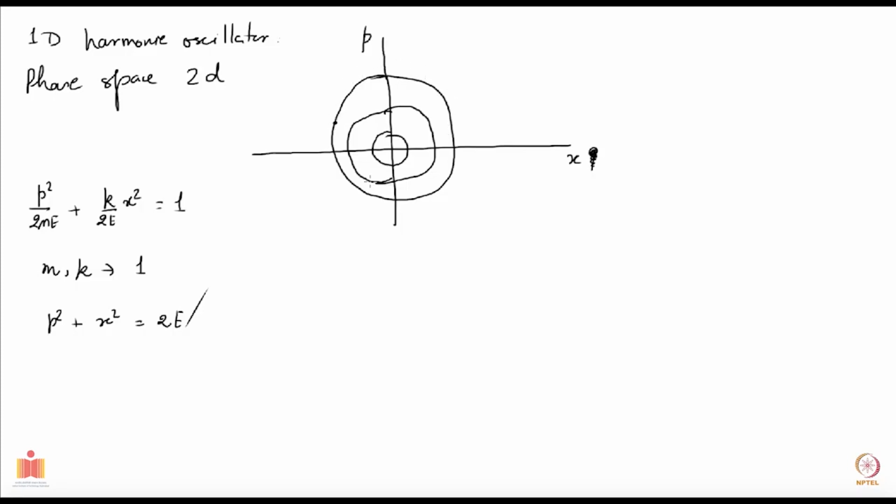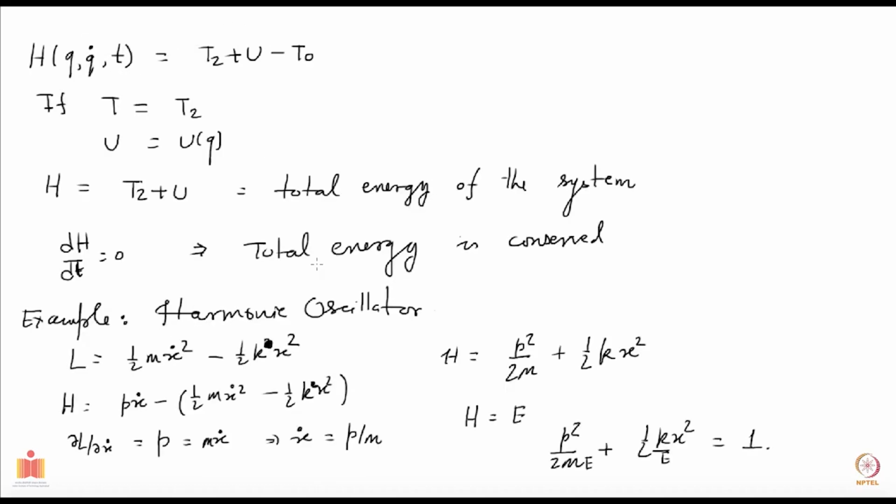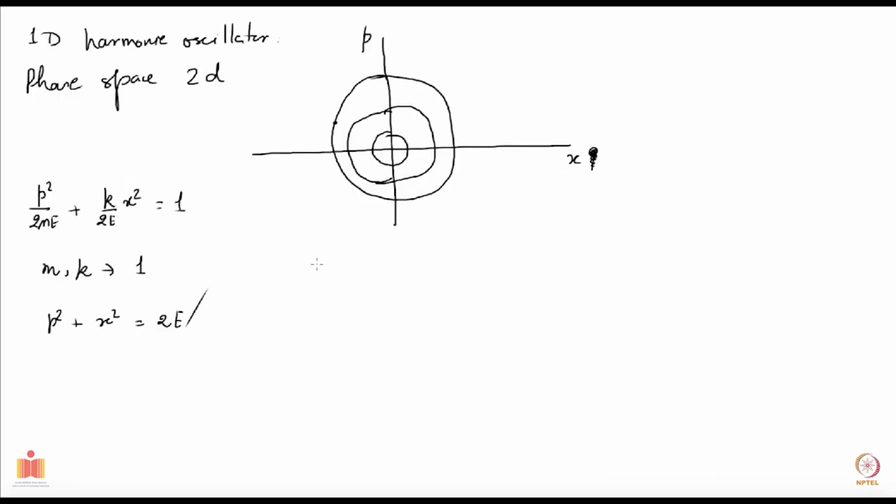I hope that is clear, because if you specify the coordinates at a given time, all the coordinates, in this case it is only 1, and all the momenta, that represents one point in your 2n-dimensional space. So your system is going to be represented by a single point in phase space. Let me write this down anyway.